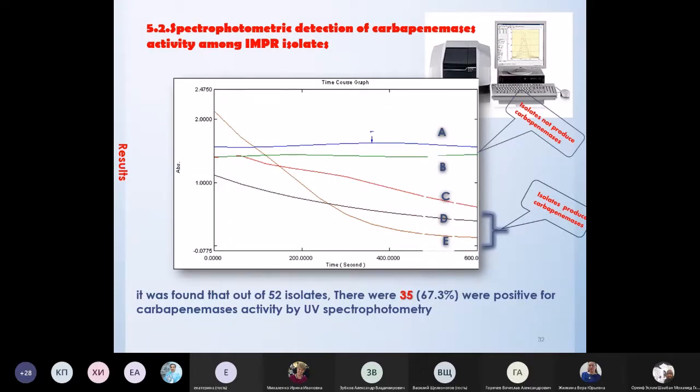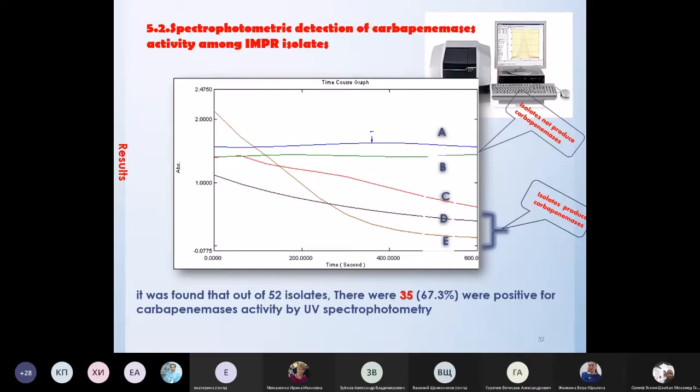And with confirmation of this test, we made what is called spectrophotometric analysis for the carbapenemase activity. We make extraction of this enzyme and incubate it with the bacteria, and we incubate it with the imipenem antibiotic and show the effect.